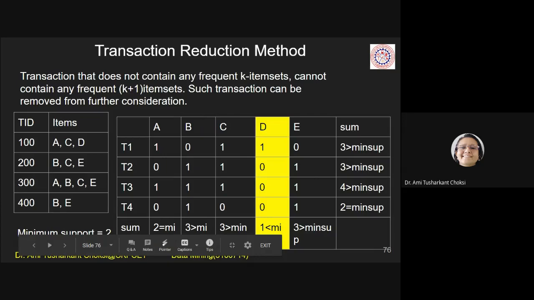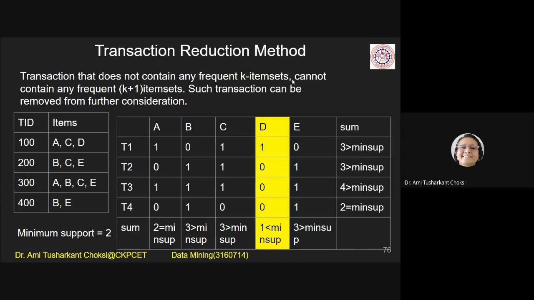What do we say about the transaction reduction method? A transaction that does not contain any frequent K item sets cannot contain any frequent K plus 1 item sets. Okay. So what to do?